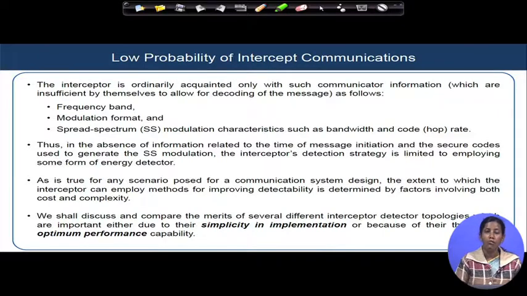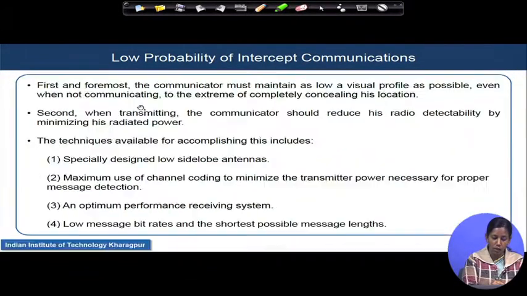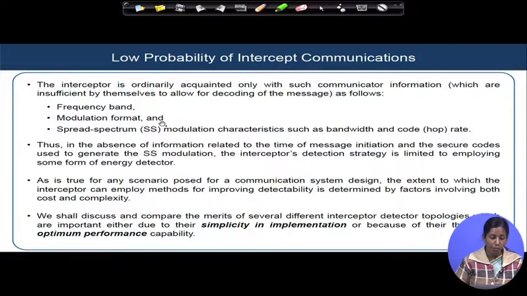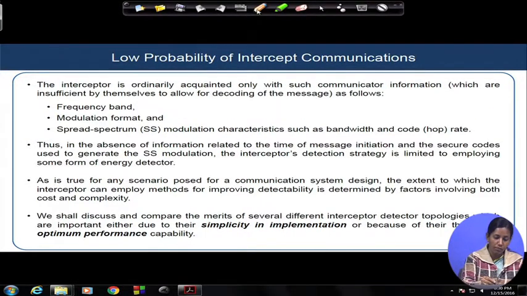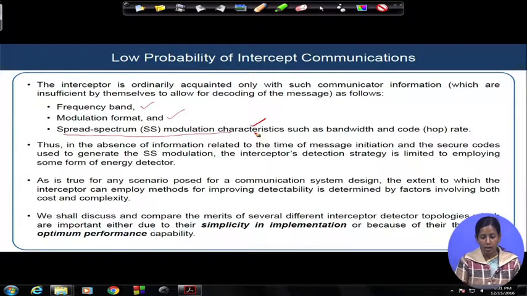For example, in which frequency band the communication is going on, what modulation format is being utilized, whether there is spread spectrum modulation going on and, if so, what the characteristics of that modulation are. It also tries to capture information such as the spread bandwidth utilized and the hop rate used in the actual communication system.